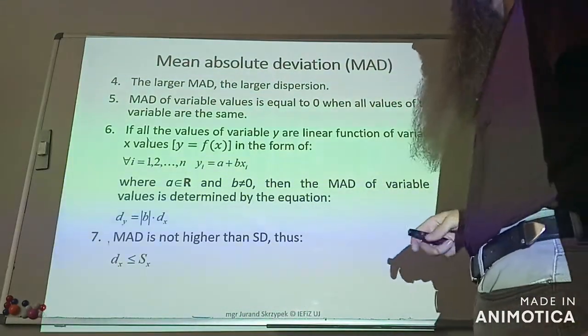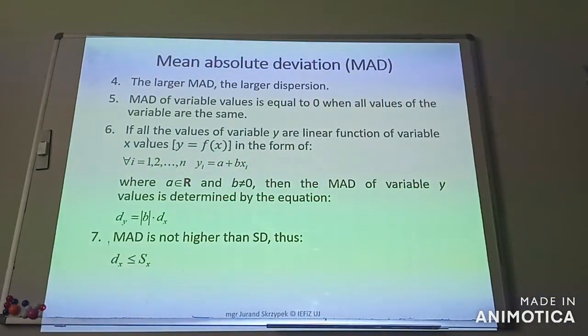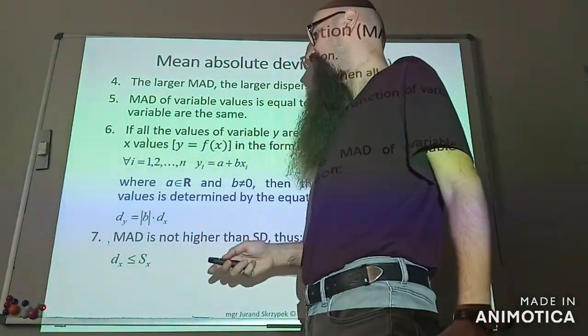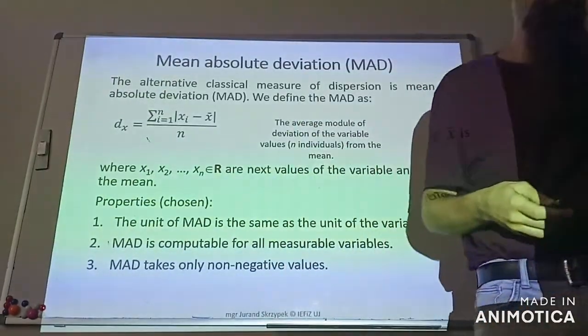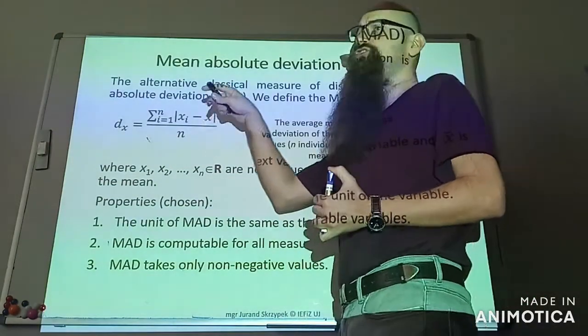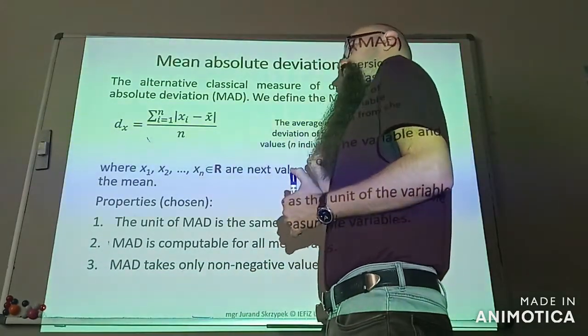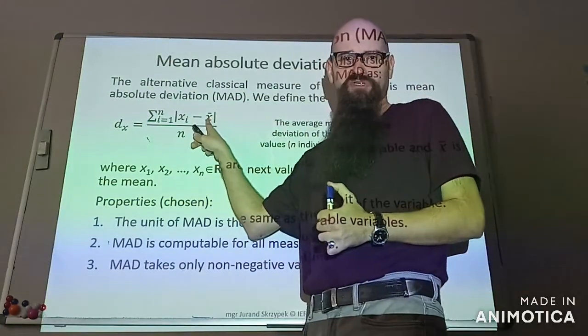Everything is the same as earlier, but here we have additional information. Mean absolute deviation is not higher than standard deviation. It is caused by the fact that we operate by modules instead of squares. Because we are trying to determine the distances between the variable values and their mean.